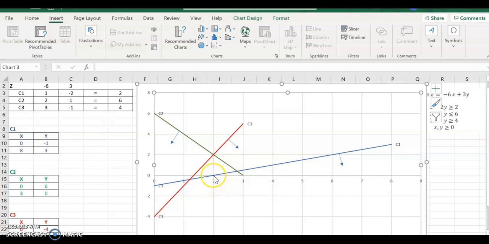This is obviously a point of coordinates 2, 0, and this one is of coordinates 3, 0. However, for this point, which is the intersection between C2 and C1, we're going to have to solve a system of equations to determine its coordinates.